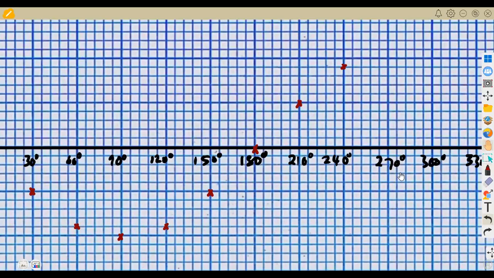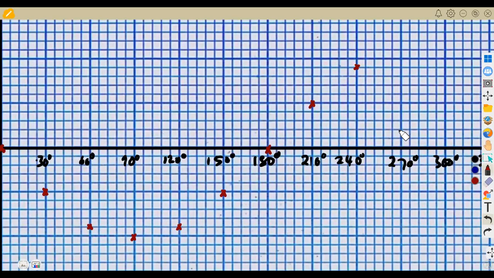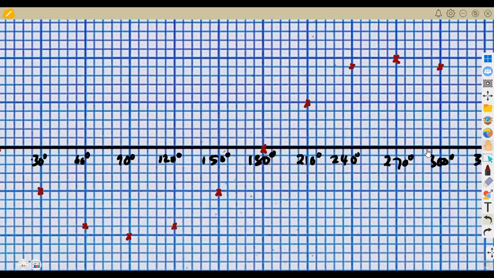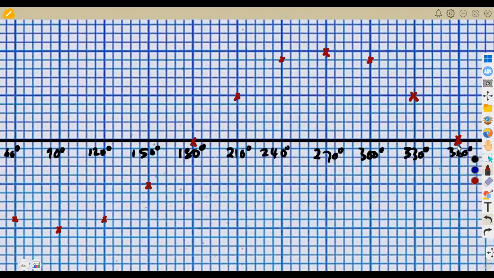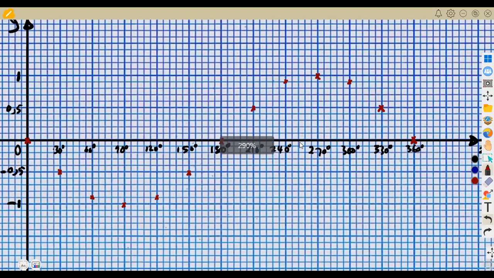You do the same thing on 270, 270 was versus 1, which is there. 300 versus 0.9. Remember your 0.9. 330 versus 0.5. And 360 was versus 0. So those are the points that you're supposed to take into consideration.